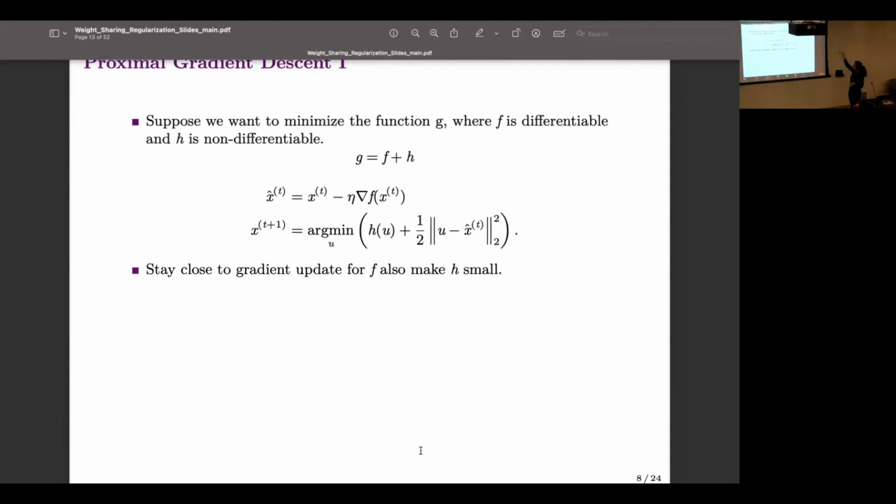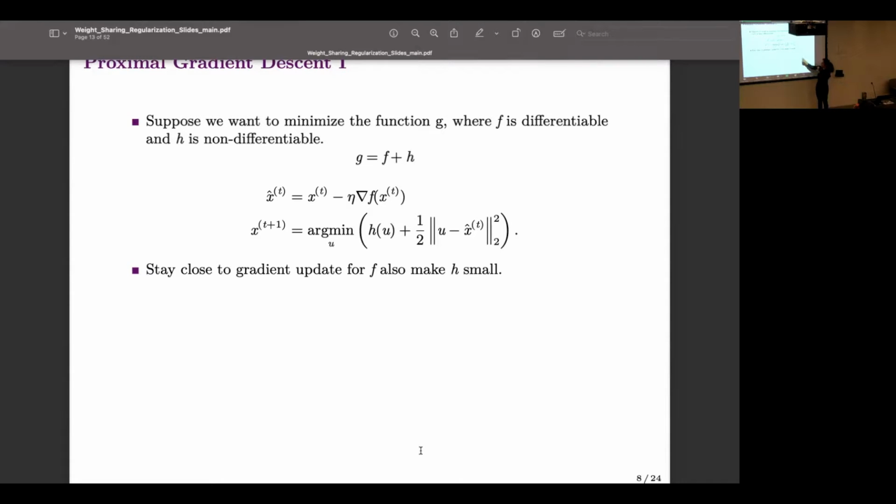Proximal gradient descent is mostly suitable when you have a composite function. One part is differentiable, like the loss function of neural networks, everything is good. And the second part, the h function, is non-differentiable. So it's suited for this setup. It proposes to do a simple gradient step on the differentiable function.